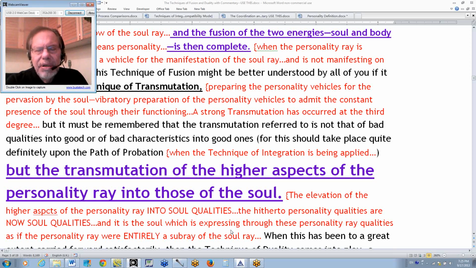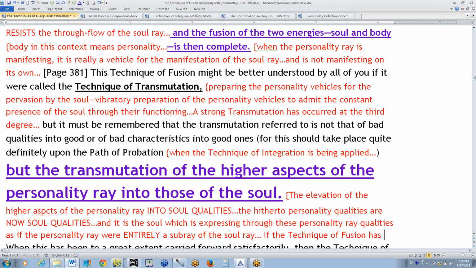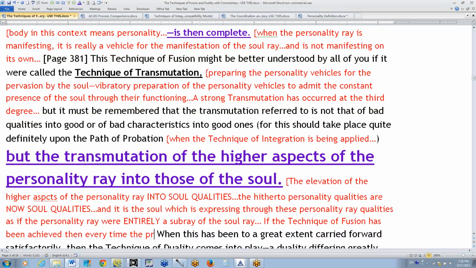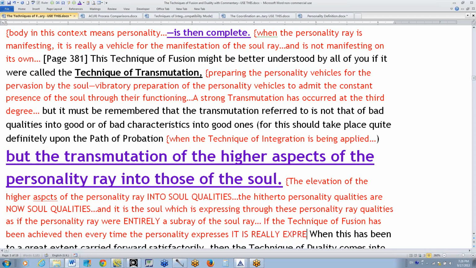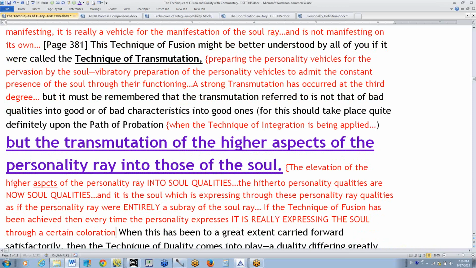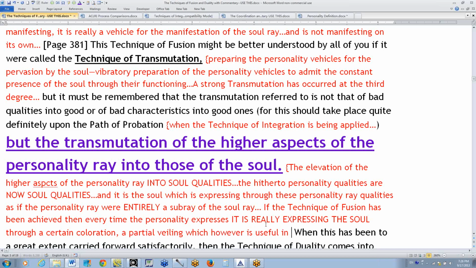It's not just expressing itself, but the soul through a certain coloration, a partial veiling, which, however, is useful in application.